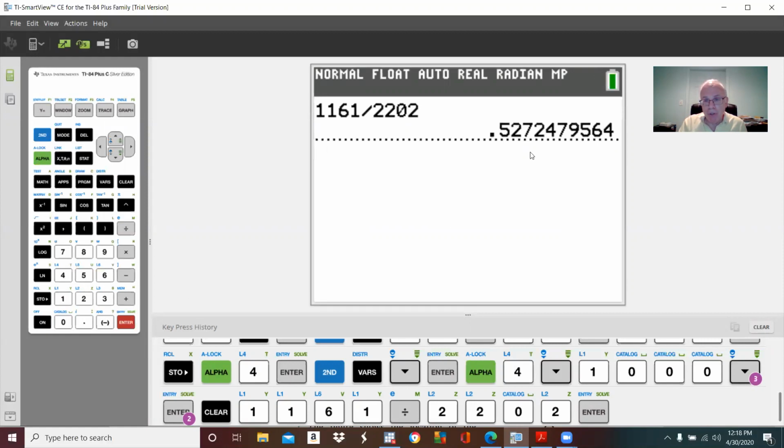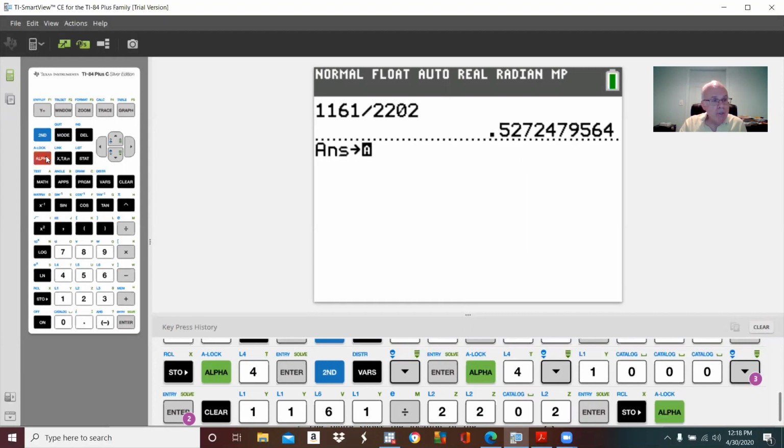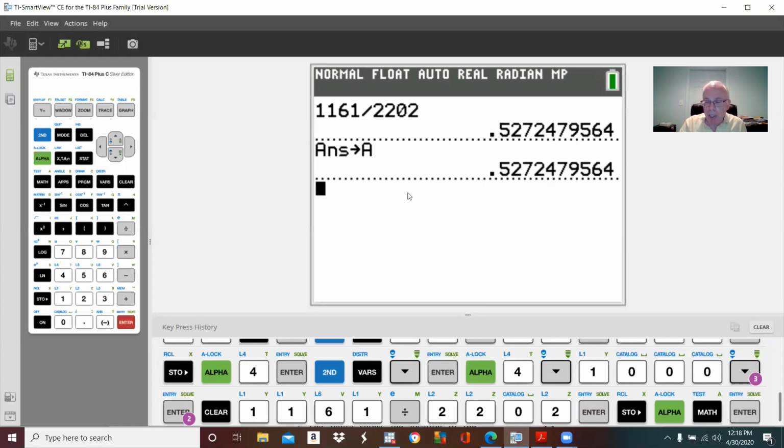You could round at this point, but why bother? You can store this. I'm going to store this sample proportion in A. I see A is right above the math button here. Just hit enter. And so my sample proportion is now in the letter A.